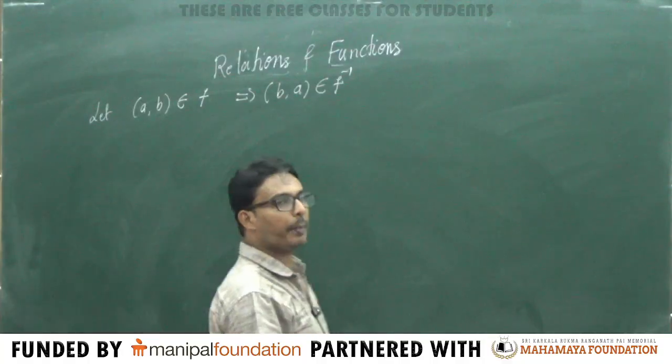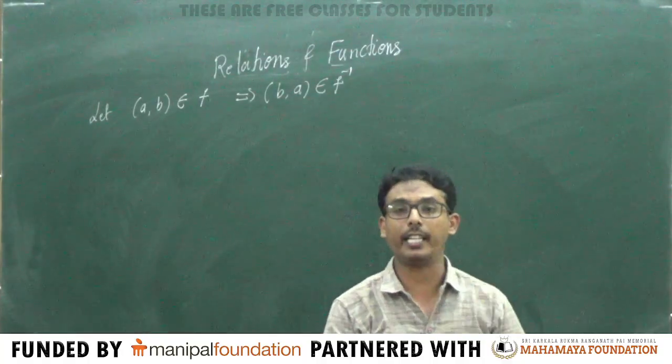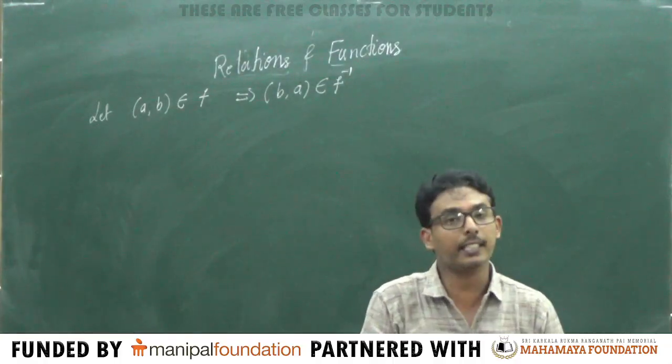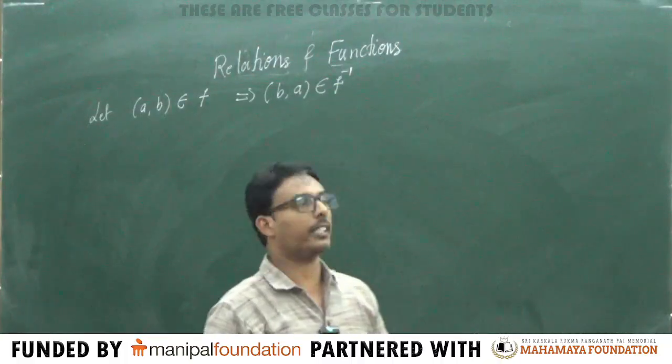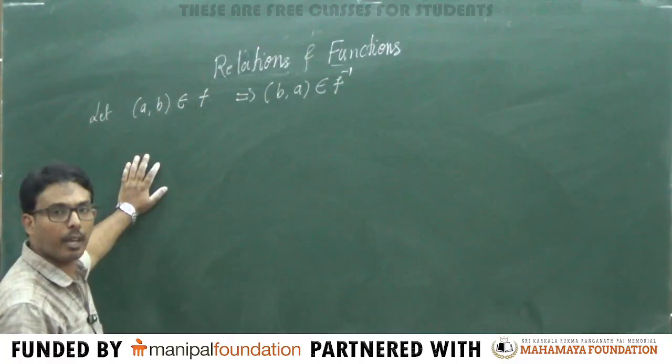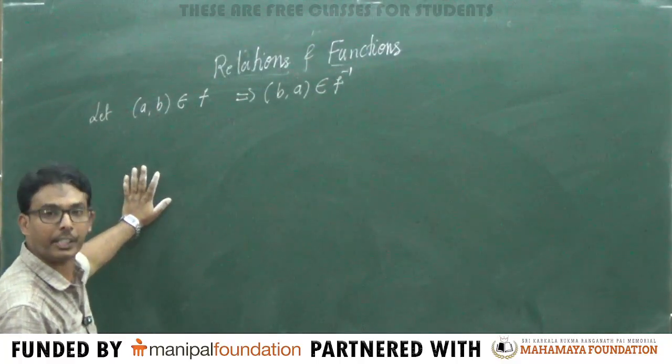If a comma b is any point that lies on the function, then the point that lies on its inverse is b comma a, and this is very important to find the inverse of a function by the method of inspection.